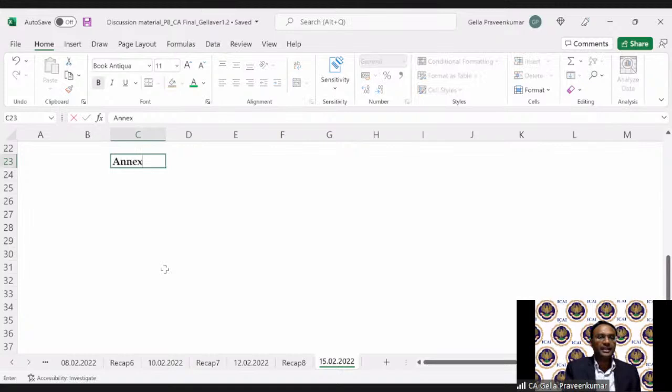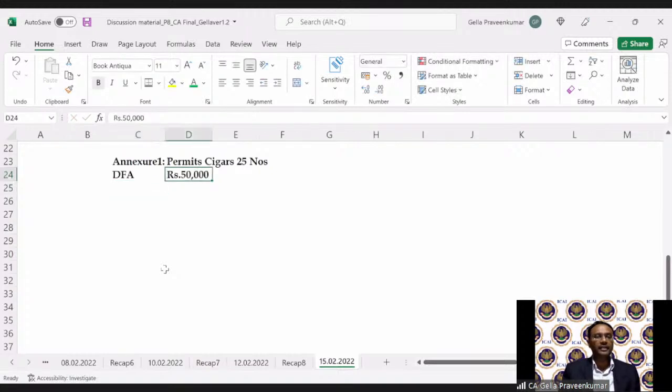See, Annexure 1 permits cigars 25 numbers. Now, duty free allowance is rupees 50,000. So if value is up to 50,000, I can call this as baggage.